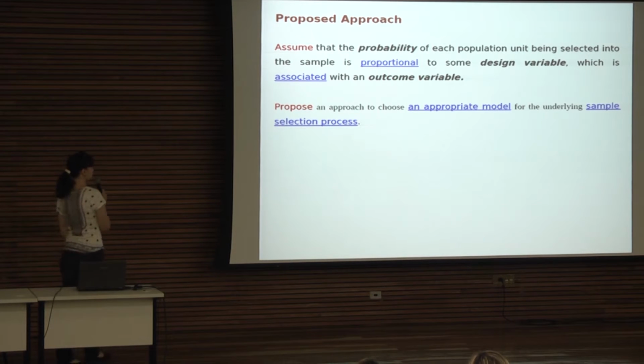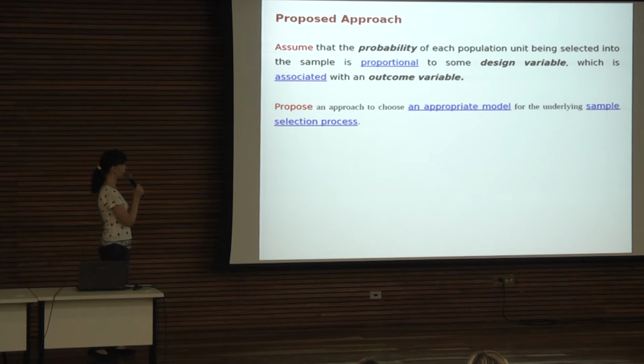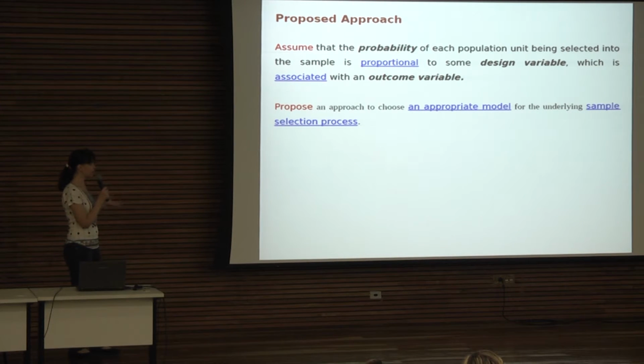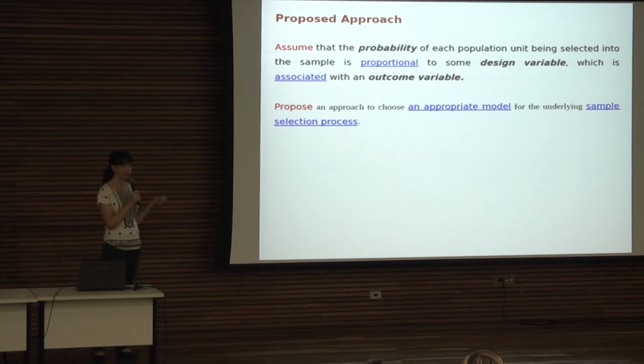In our proposed approach, we assume that the probability of each population unit being selected into the sample is proportional to some design variable which is associated with the outcome variable, in other words, the probability proportional to size sampling mechanism.